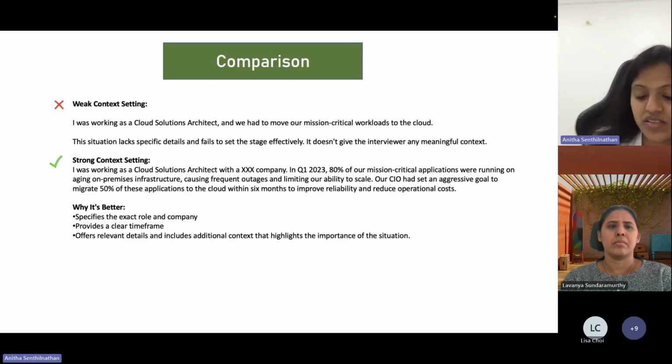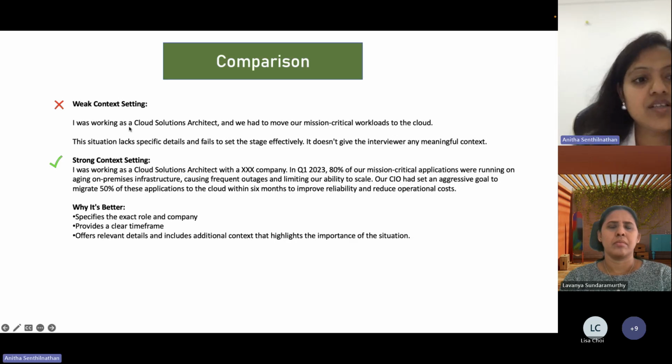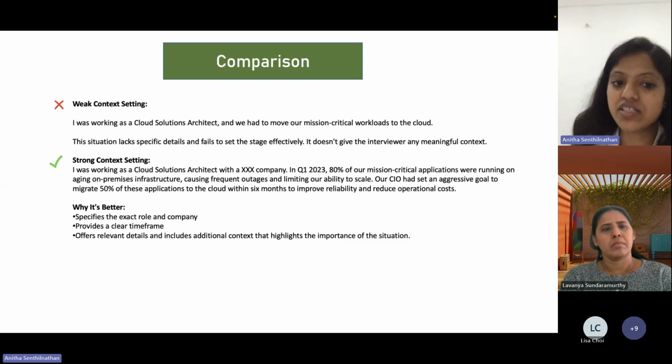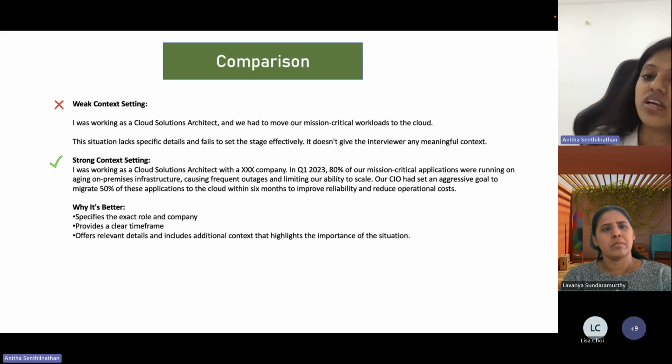So this is a comparison of how the weak answers and the strong answers would be. I was working as a cloud solution architect, and we had to move our mission-critical workloads to the cloud. This situation lacks specific details and fails to set the stage effectively. It doesn't give any meaningful context.